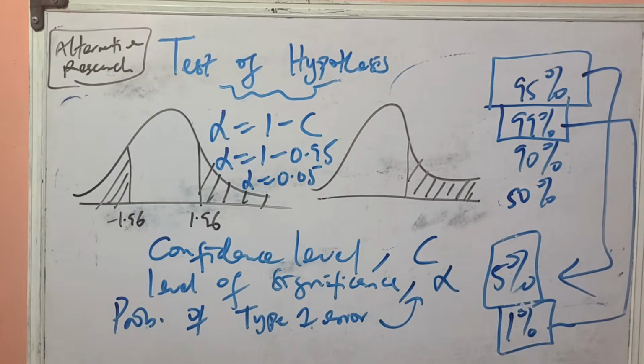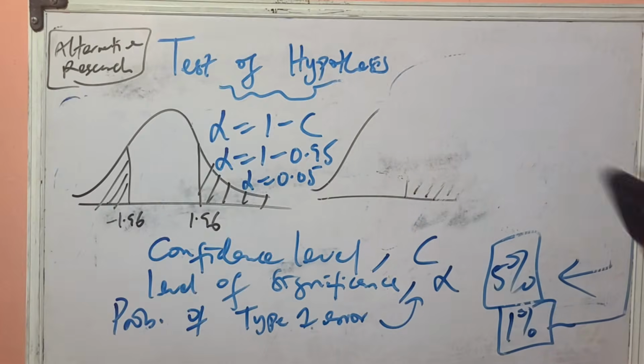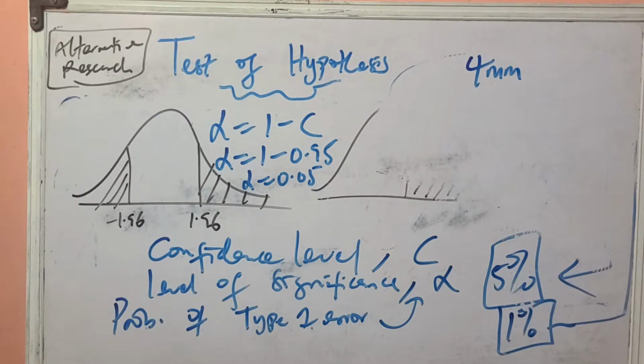Now, a company has stated that their straw machine makes straw that are 4 millimeter diameter. So this company said, our straw machine makes straw that are 4 millimeter in diameter. A worker believes that the machine no longer makes straw of this size.